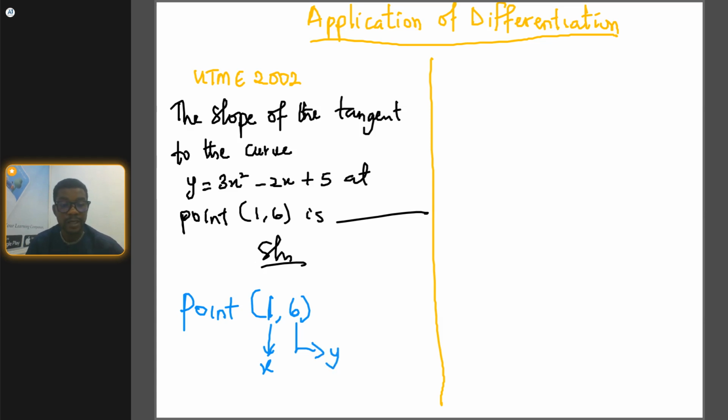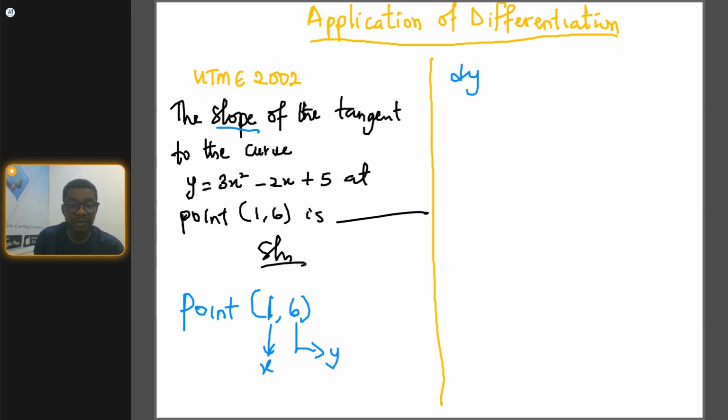I've told you that the word slope is the same thing as gradient, and the word slope is the same as differentiation. So what we are asked to do is to differentiate this expression, dy/dx.